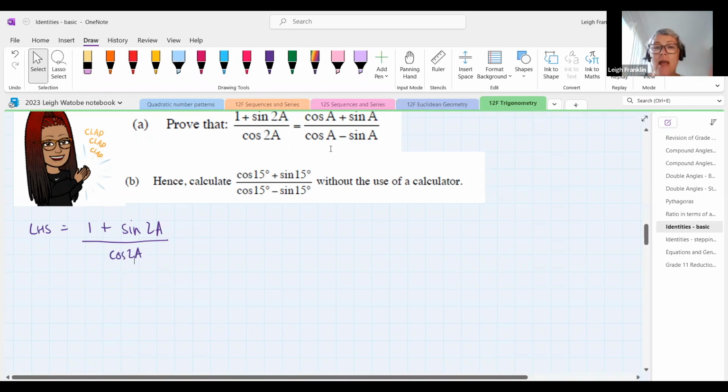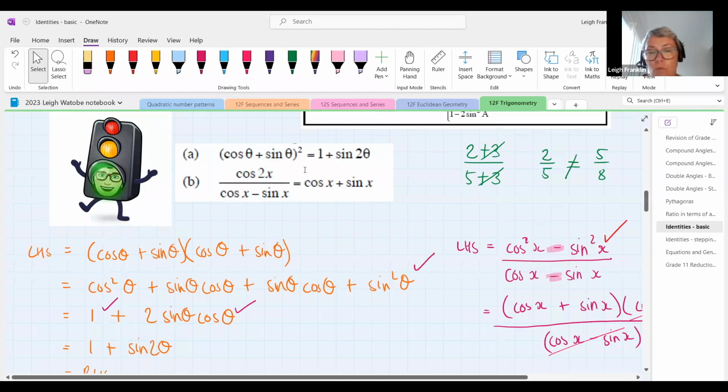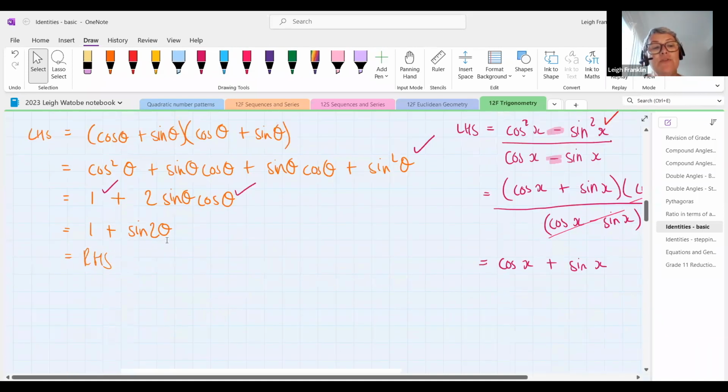All right. If you had a look up here, which is why I included this question as well, we had 1 plus sine 2 theta, and if you recall, it was equal to 1 plus 2 sine theta cos theta, and that came from this trinomial. Now, this is a very important thing to know and to learn.